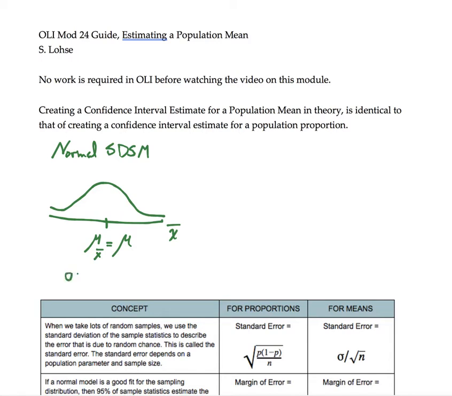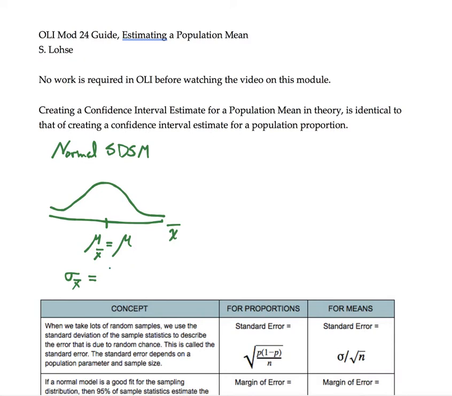What you also saw in your activity is that the standard deviation of this distribution, which is now called sigma x bar, was dependent upon sample size. As the sample gets bigger, this standard deviation, now called standard error, gets smaller and smaller.